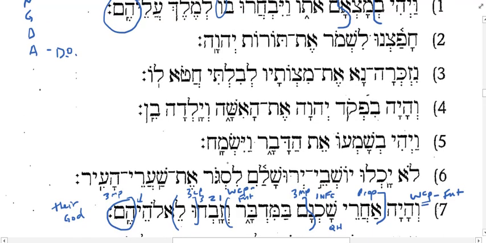Let me just point out number 2. Number 2, we have chafatznu, is we were pleased or we delighted, and then I have lishmor. What use of the lamed plus infinitive construct is this? Is it purpose, epexegetical, or complementary?